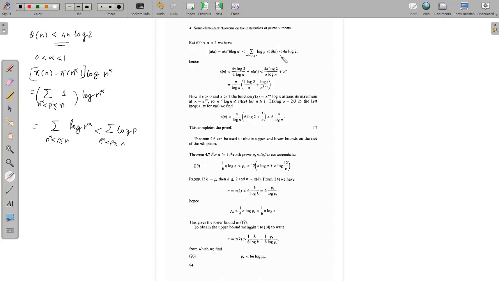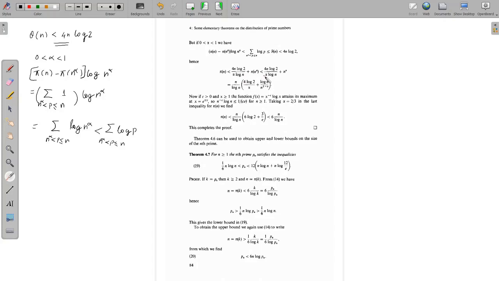If we neglect that minus theta of n raised to alpha, then you can get this is always less than 4n log 2. That is what we obtained in the previous inequalities: theta of n is less than 4n log 2. So hence, by transposing all these terms, we can write pi of n is less than 4n log 2 divided by alpha log n plus pi of n raised to alpha.